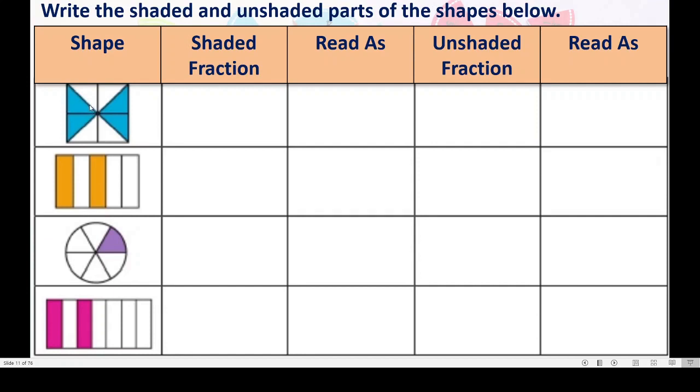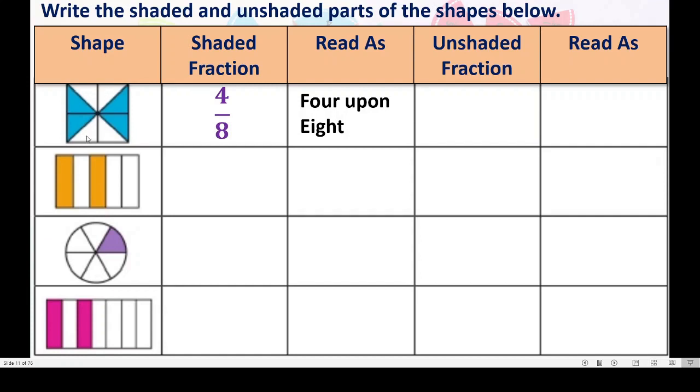See the figure. The shaded fraction we have to write here. Total parts are 8. Out of them 4 are shaded. Right? So the answer is 4 upon 8. Isn't it? How to read this? Yes, 4 upon 8. Now come on, we will write the unshaded fraction.